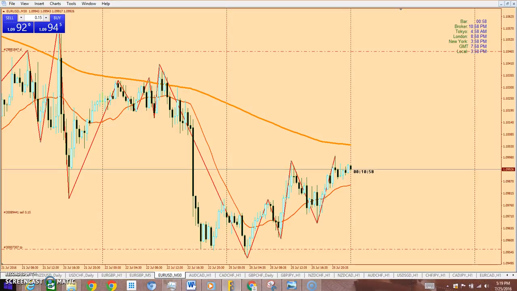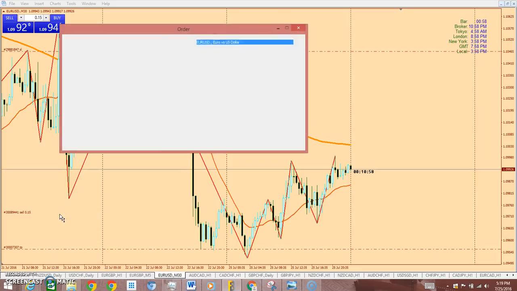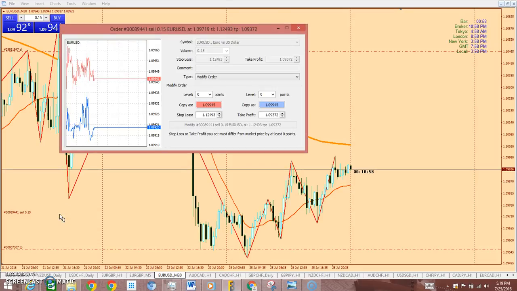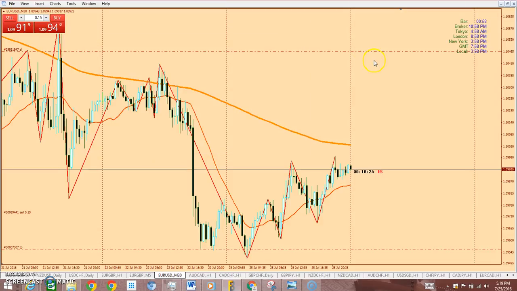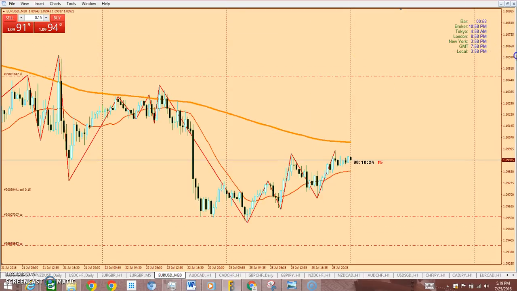Currently, I have a sell set up around 1.09719 area. And I'd like to show how I got that.